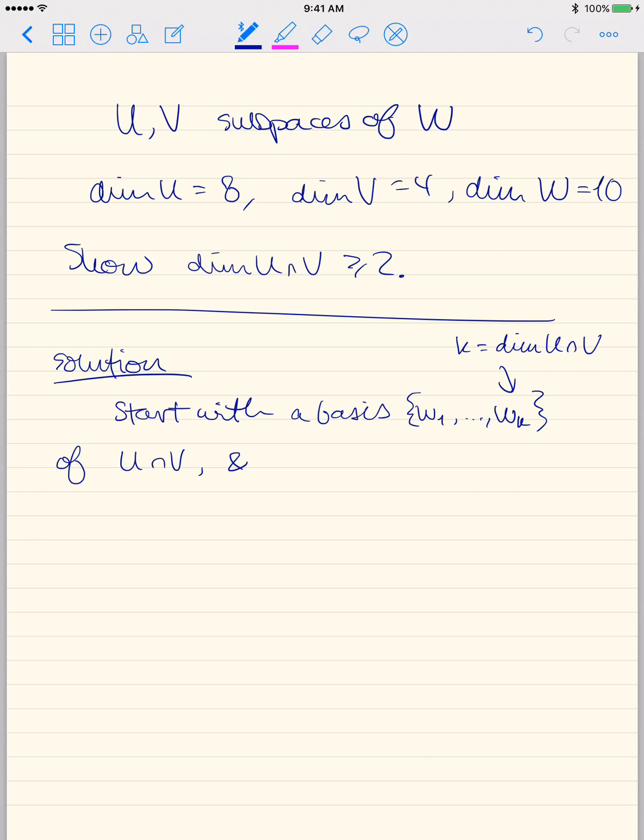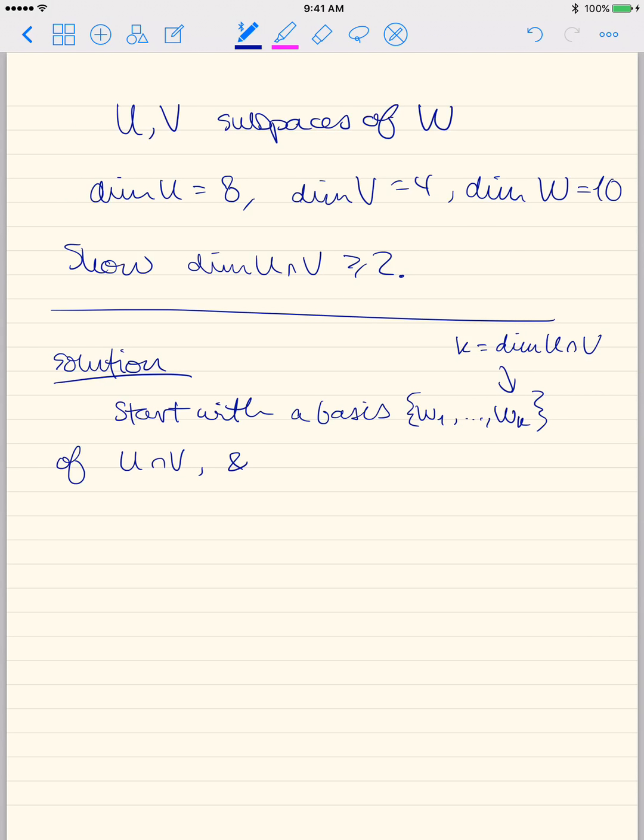That's right. Yeah. That's a bare hands way of doing what I want to say, which is just extend this basis to a basis of U. And the way you would do that algorithmically is you would just grab something that's not in the span of U intersect V and add it on.